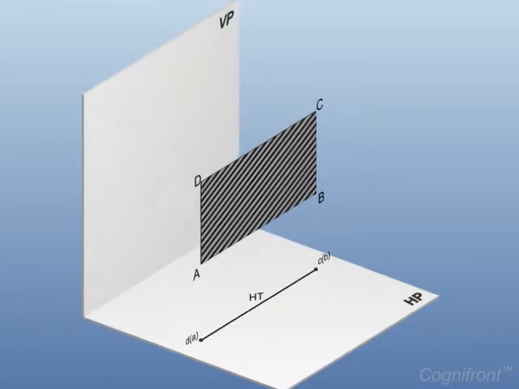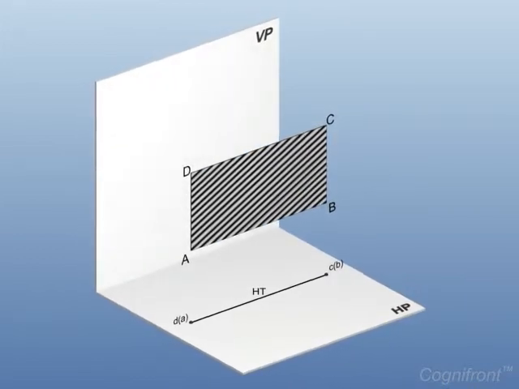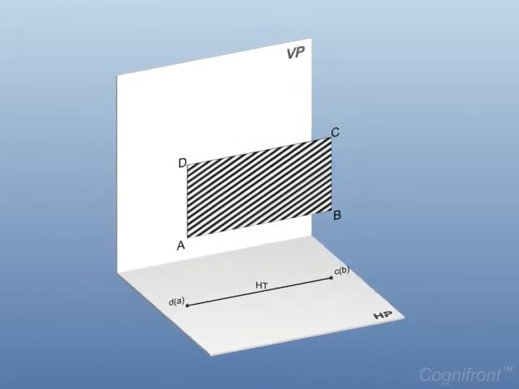This is the visualization of a projection in three-dimensional space. So now we will proceed with the actual drawing on paper. First, draw a horizontal reference line XY.